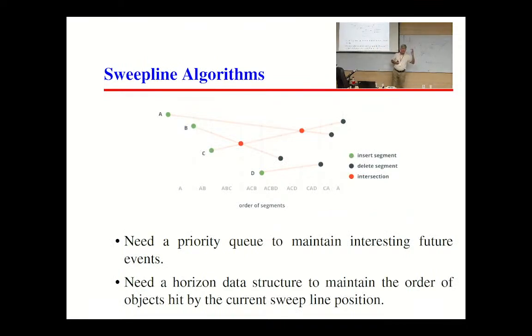We've got events happening as we go from left to right. We're storing those events in the priority queue. And we are maintaining the order of the Y objects as we go through and sweep this. Any questions about the sweep line stuff or this approach?